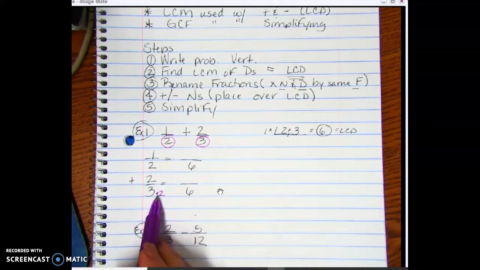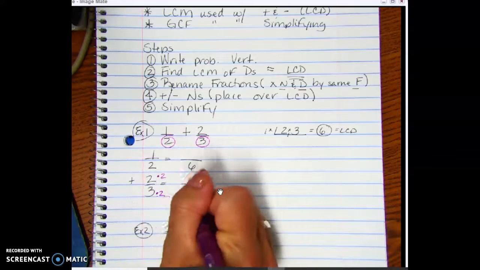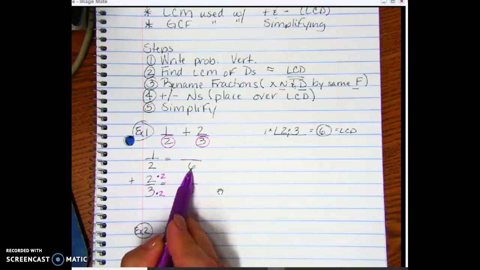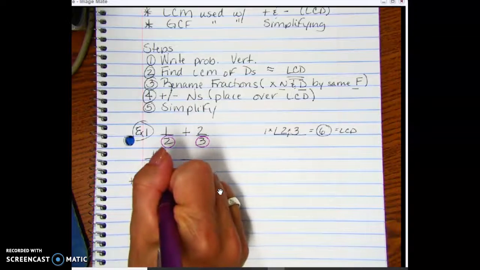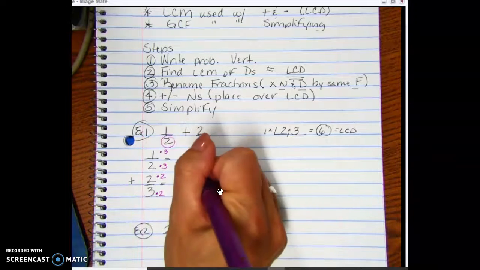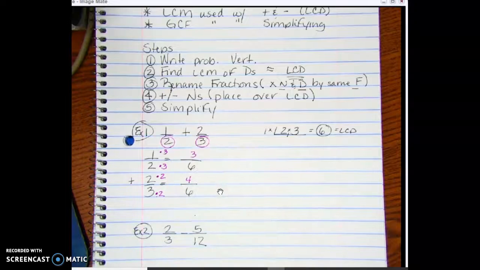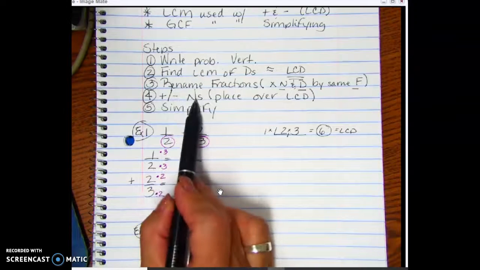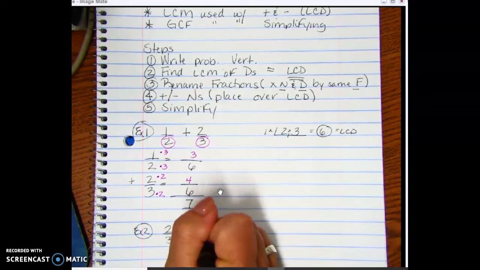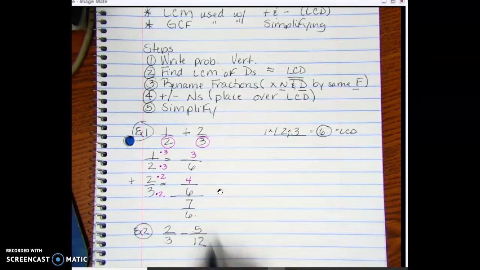And whatever I do to my denominator, I do to my numerator. What did I multiply 2 by to get 6? I have to multiply by 3. Whatever I do to my denominator, I do to my numerator. So now I can add the numerators and place it over the least common denominator.